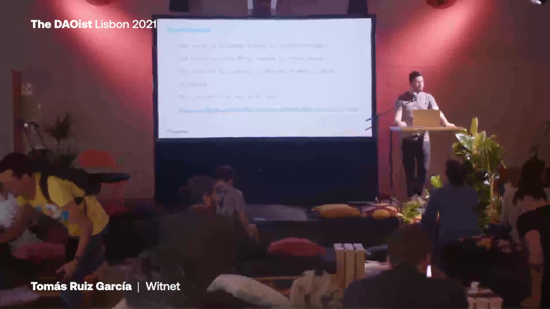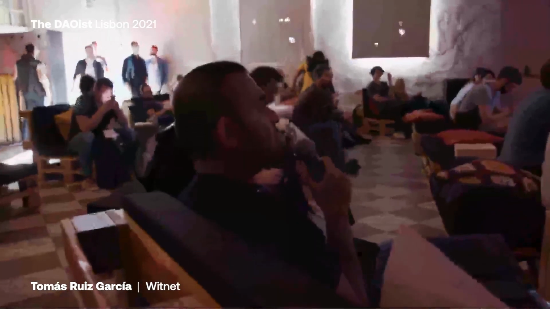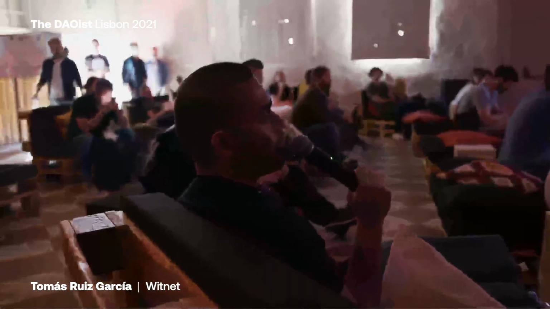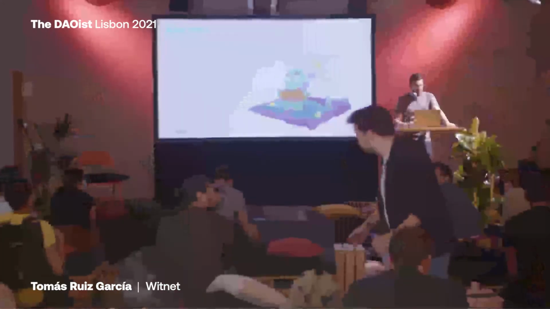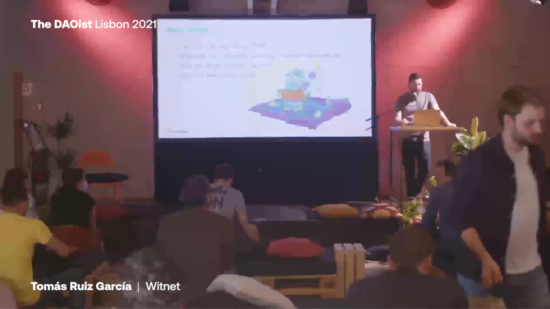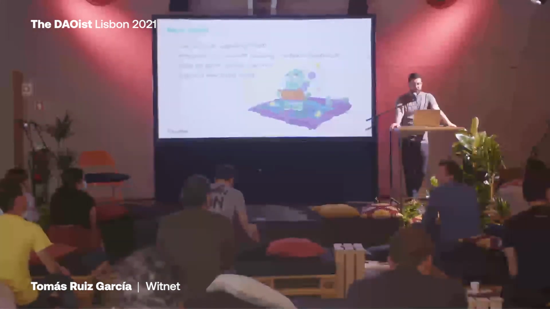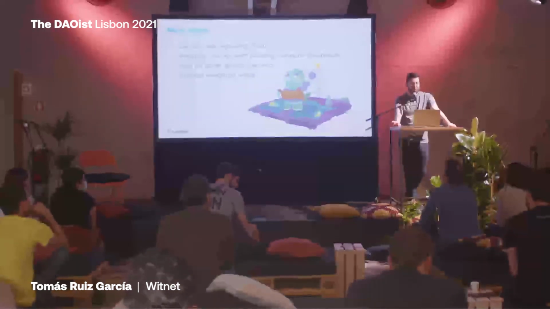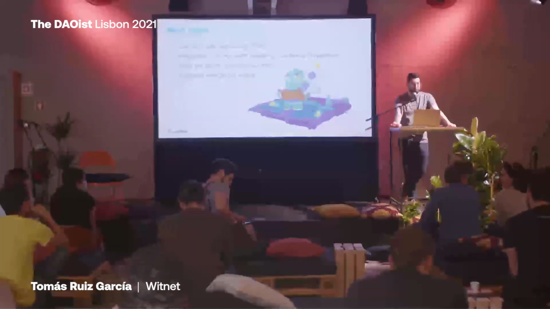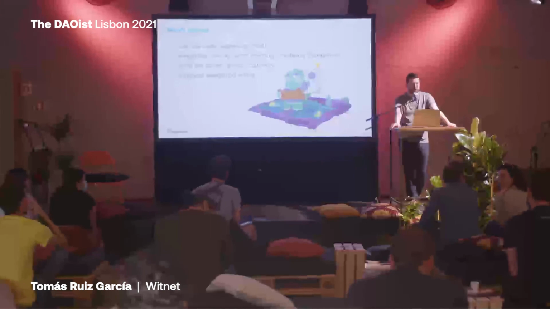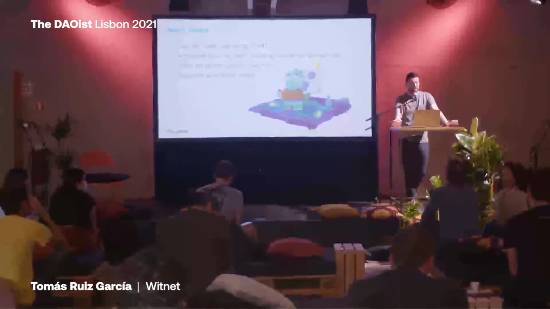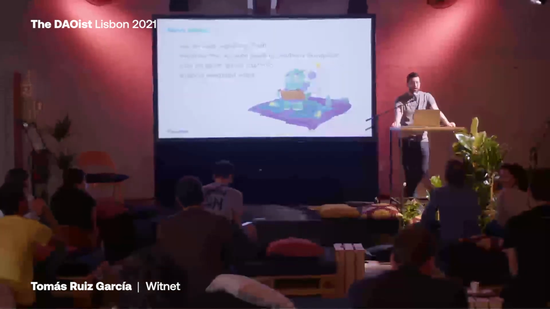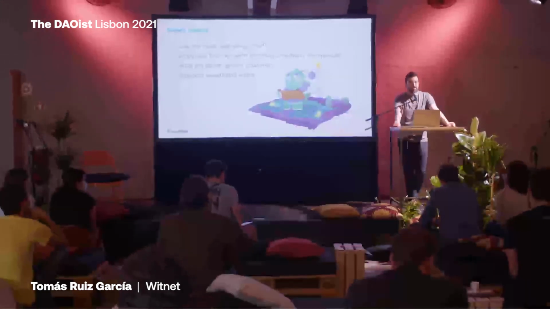Are there examples where this has been used? Sorry? Have there been examples where this has been used already? Are there any communities where you've used it to vote? It's not deployed on mainnet, but we have an integration using Aragon Govern to vote in their Discord channel, and we have deployed it already there, and it can be used from there.